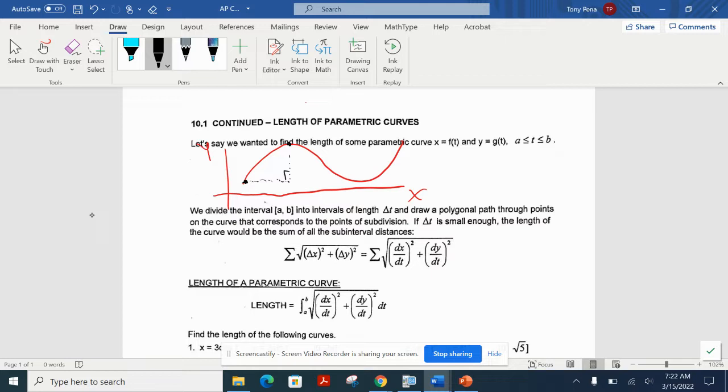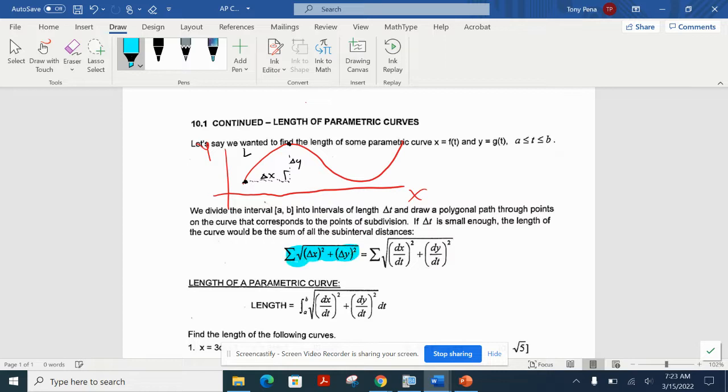But like many things we've done, we start with the idea of an approximation. We ultimately find a limit of it and then deal with the idea of the infinitely small interval. So that's what we're going to do here. We'll call this our change in x, this is going to be our change in y, and then we'll call this L for the length of that curve. That sets up what we have down here.